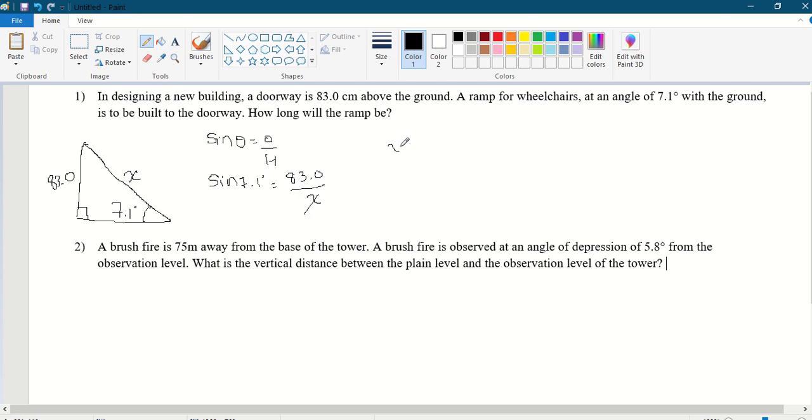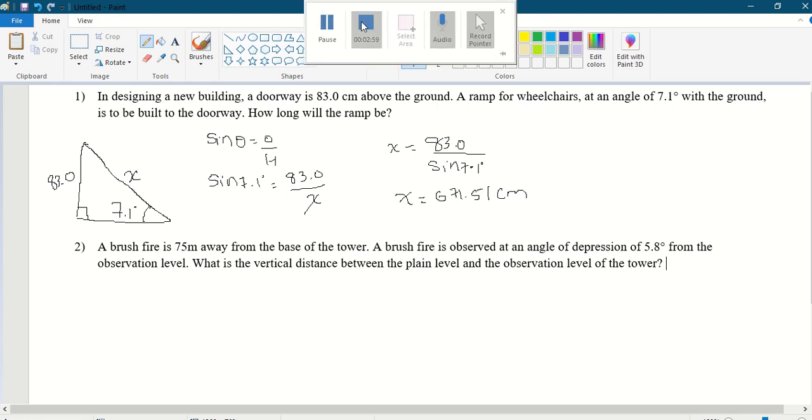Cross multiplying, we get x equals 83 divided by sine 7.1 degrees. Then we will get 671.51 centimeters. And that's what we will have.